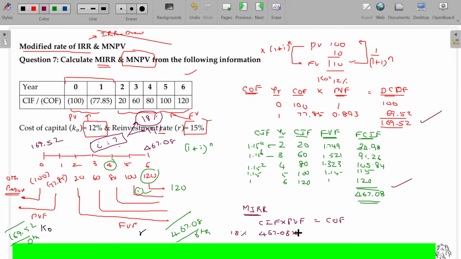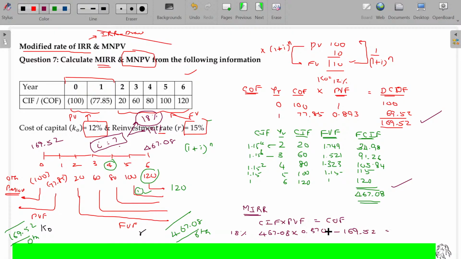What is the 18% PV factor here? 0.370. Cash outflow being 169.52.